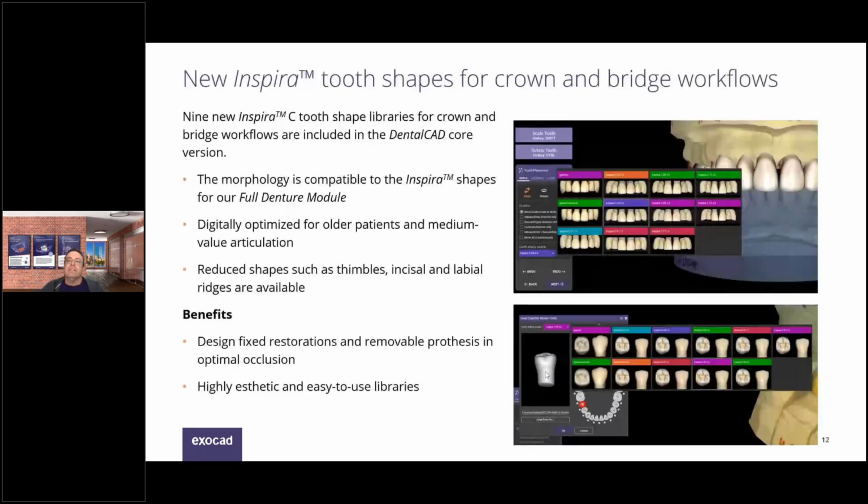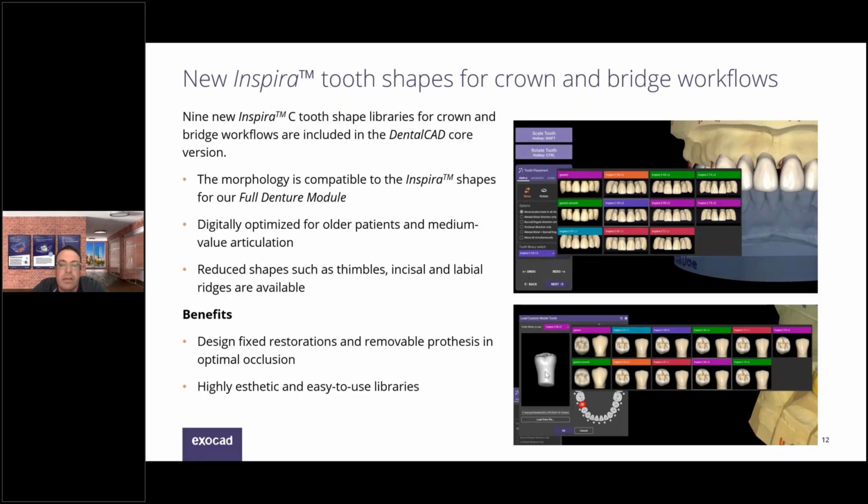Inspira tooth libraries. This is a great addition. We're continuing to add Crown and Bridge tooth libraries that are included in the core version of the software, so we have more and more options there. You may have seen that not too long ago we launched the Inspira denture tooth libraries.